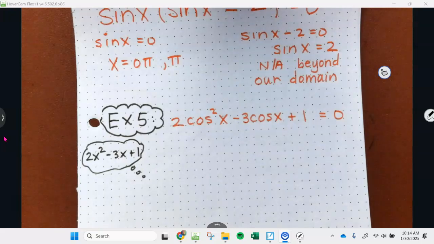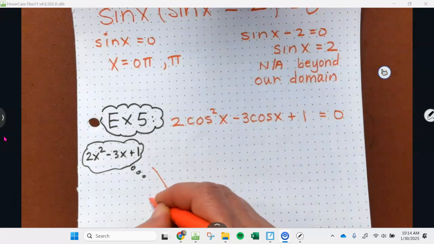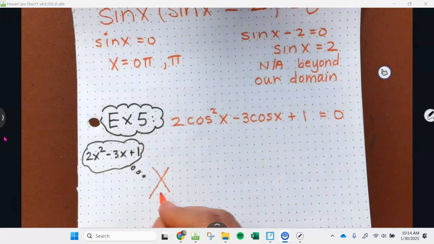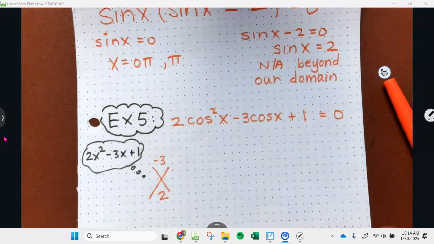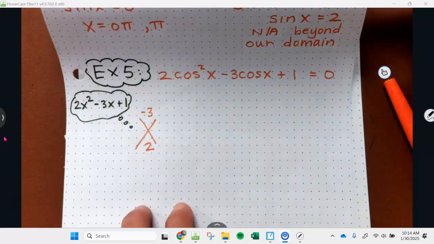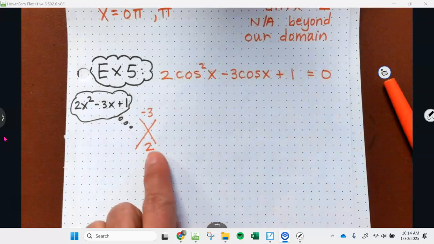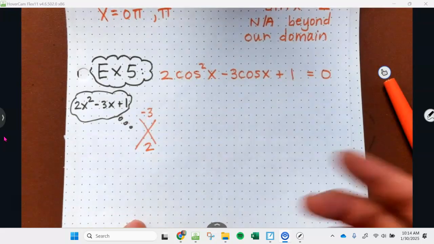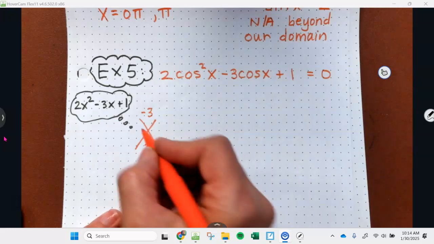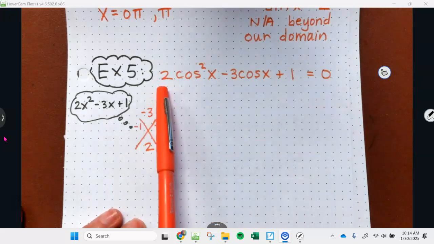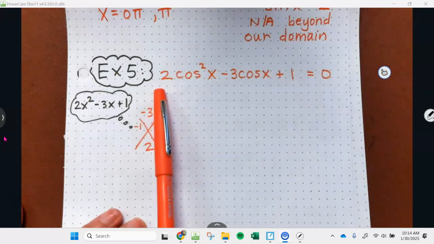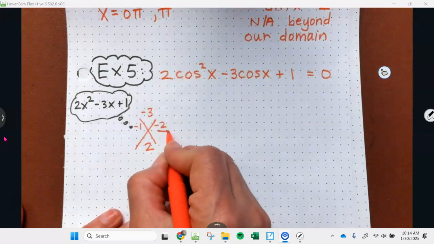Same way. So here I go, guys. I'm going to slide and divide. Do my whole factoring thing. 2 times 1 is 2. Middle number is negative 3. I need numbers that multiply down to a positive 2, but combine up to a negative 3. That's going to be negative 1 and negative 2. I got to slide and divide. So I'm going to divide by my leading coefficient.